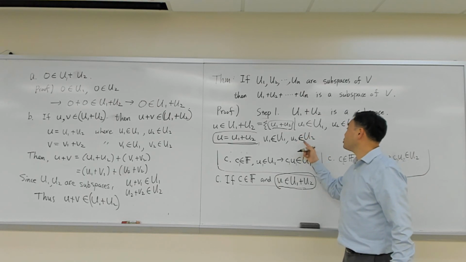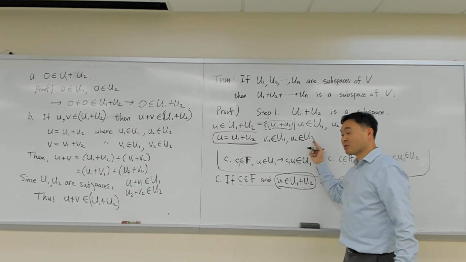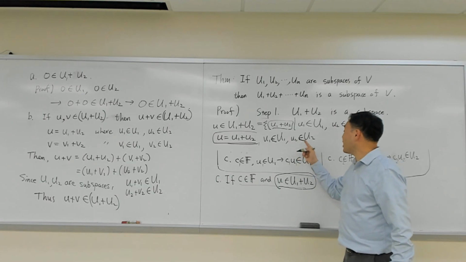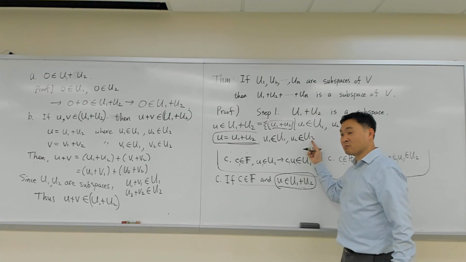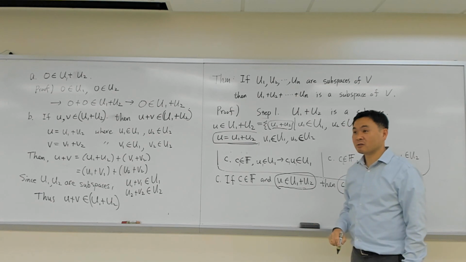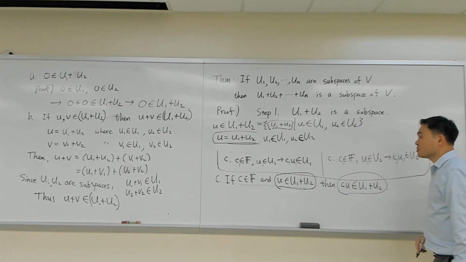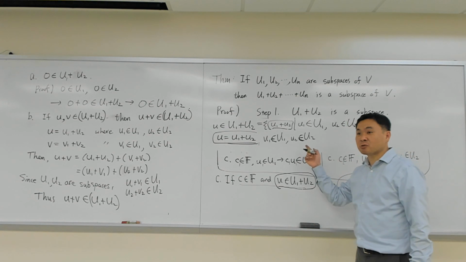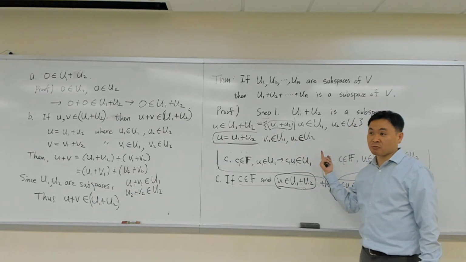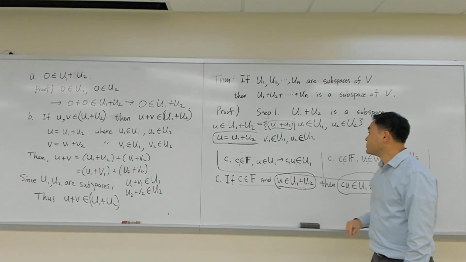U2 is in U2. Another way to say it is u2 is an element of the set U2. That's what it means. You have to learn how to use this symbol. In fact, when I'm grading proofs, if this is not properly used, I'll be taking points off. It's really important that you know how to use this, all right?